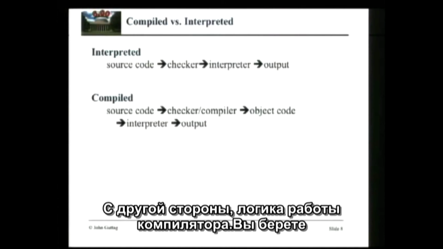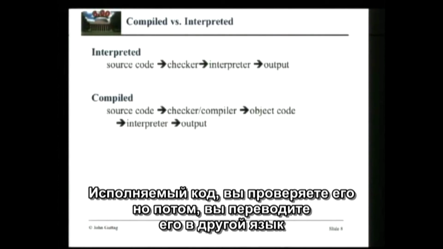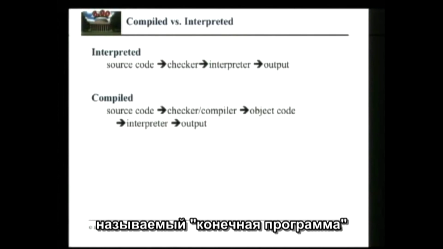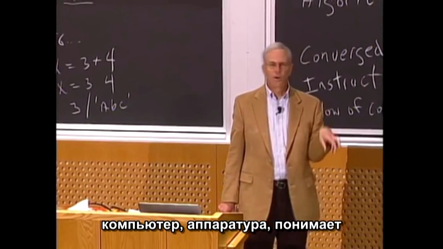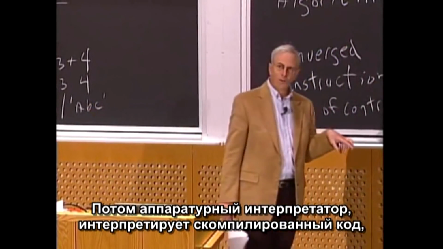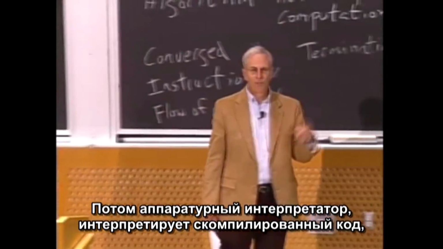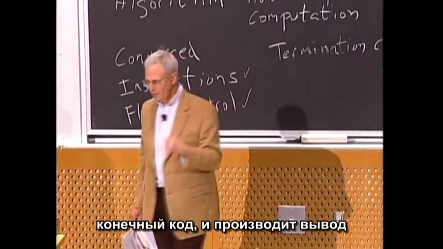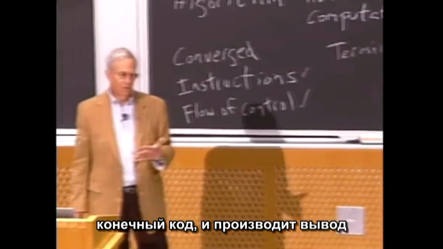On the other hand, the way a compiler works is you take the source code, you check it, but then you translate it into another language called the object code. This is a language closer to the language that the computer, the hardware, knows how to interpret. Then the hardware interpreter interprets the compiled code, the object code, and produces output.